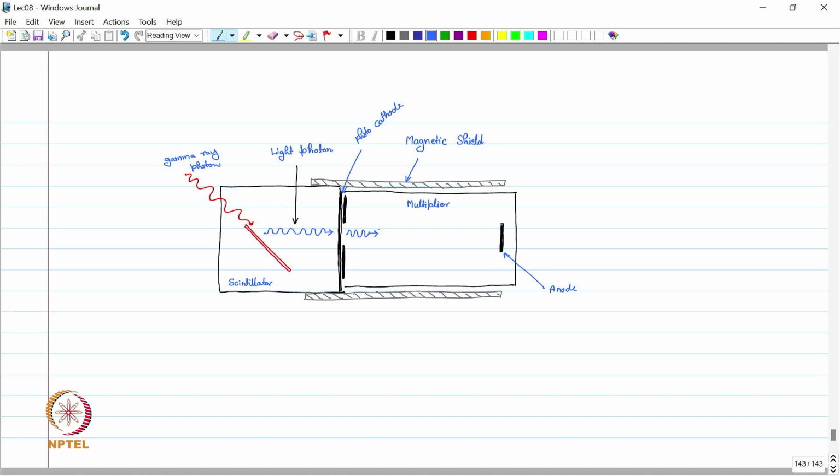When this light photon comes in this cavity, which is a multiplier cavity, it gets bounced back by multiple electrodes and gives rise to photoelectrons.